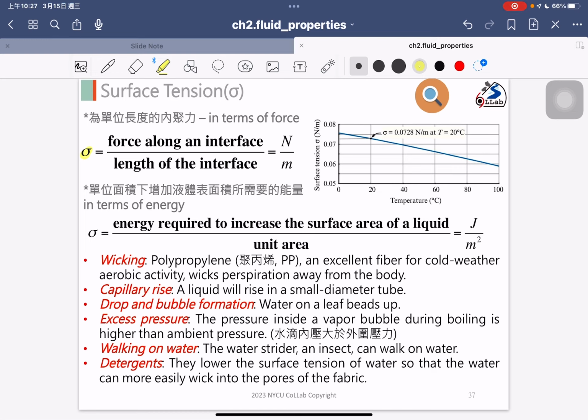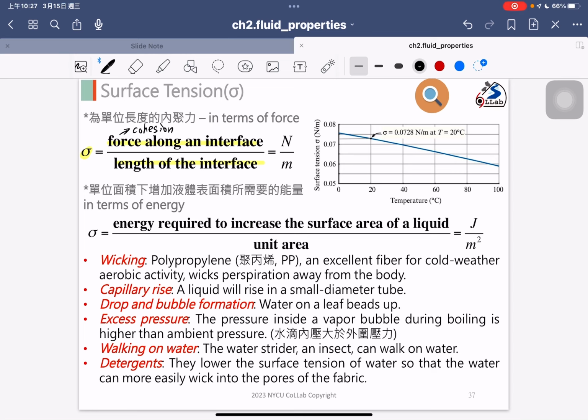And the surface tension can be defined as the ratio between the cohesion force along the interface to the length of the interface. So you see the unit is Newton per meter. So focus here, the force in here is a cohesion force, okay?